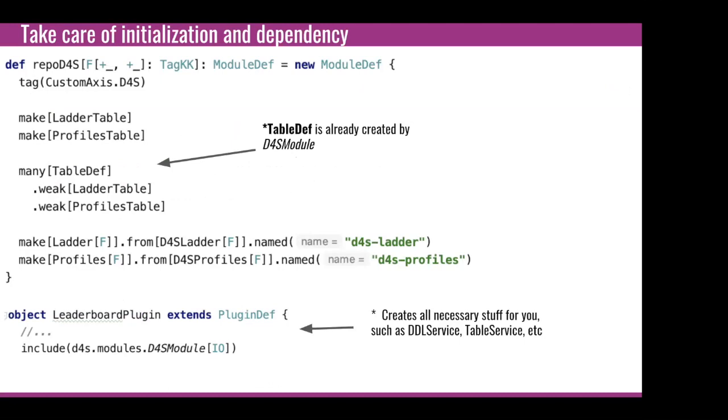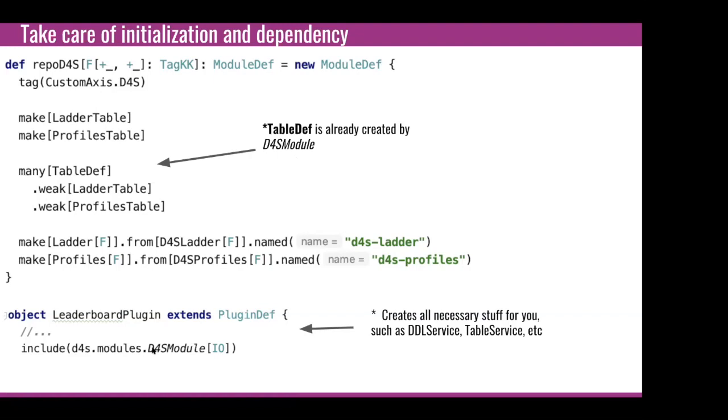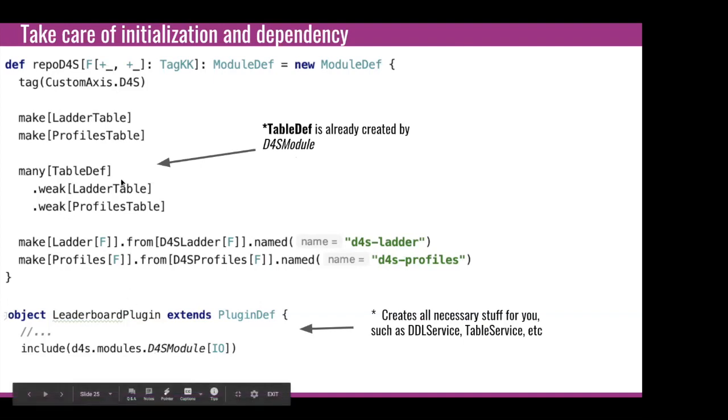Of course, you could do this by hand, but we are inclined to think it's better to use Izumi for this. So we expose the D4S module that creates all this stuff like Dynamo clients, Dynamo health check, and table services. So you just import it into your code base. And it's also very convenient to use Izumi to handle all your dependency headaches.